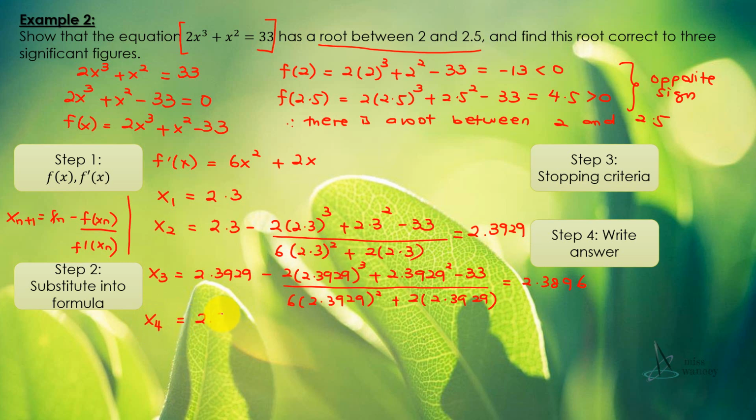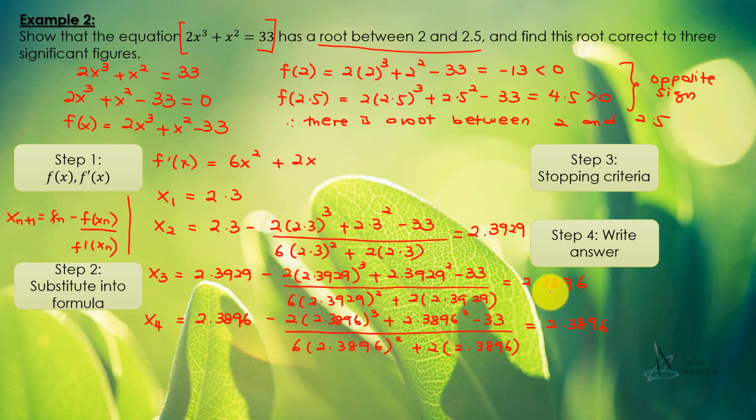So this is 2.3896 minus 2 multiplied by 2.3896 cubed plus 2.3896 squared minus 33, over 6 multiplied by 2.3896 squared plus 2 multiplied by 2.3896. Again, using our calculator, this is 2.3896.